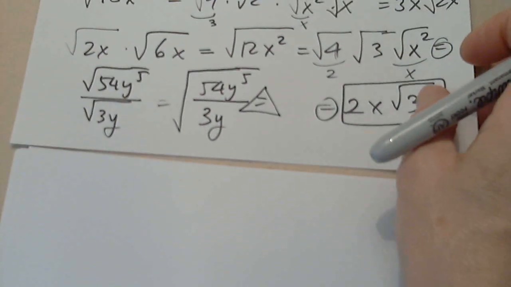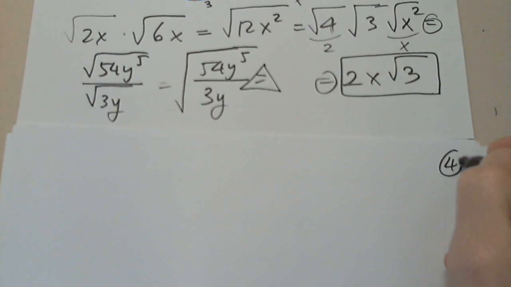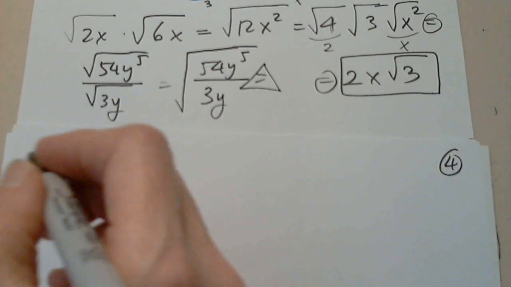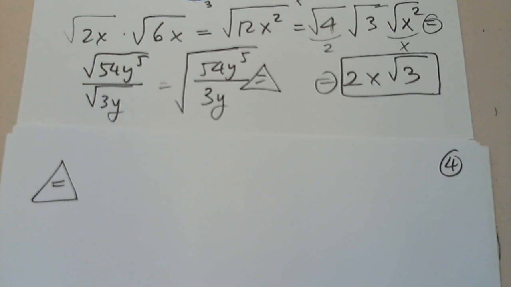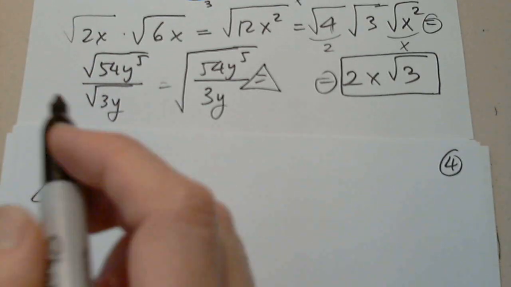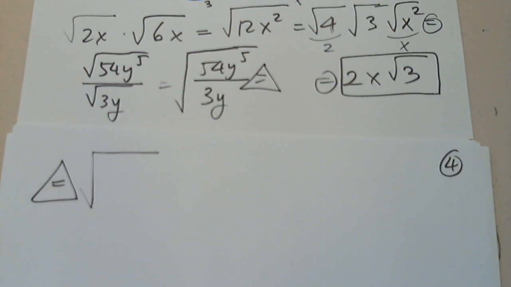Okay. First, I have to simplify under the square root. Can anyone give us the simplified form under the square root? Anybody, please?